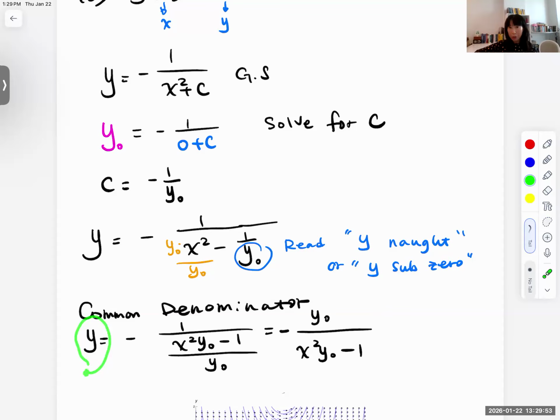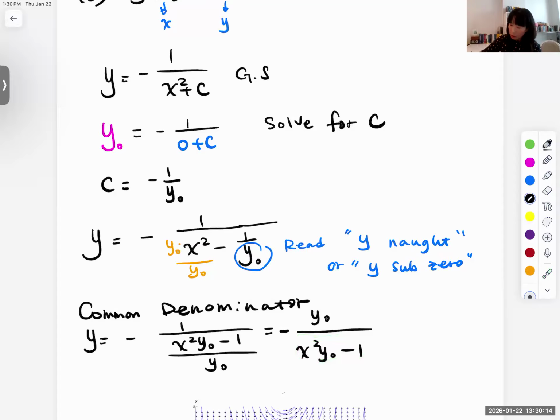This is the particular solution. But y naught is still a little bit abstract. Let's talk about this one first. We have a fraction, so we don't want the denominator equal to 0.